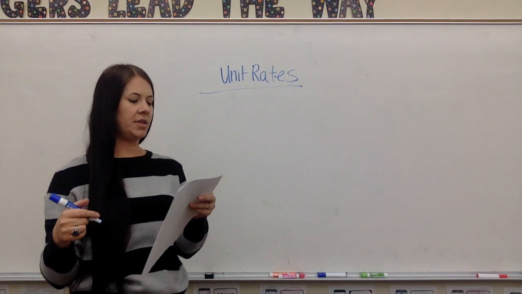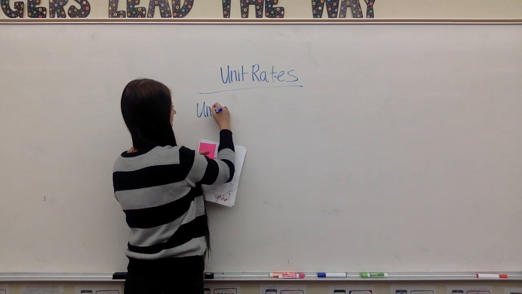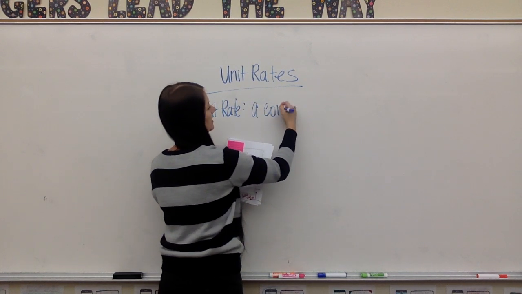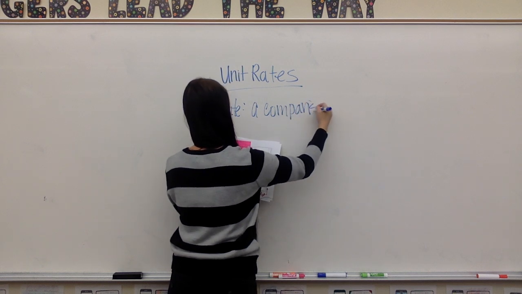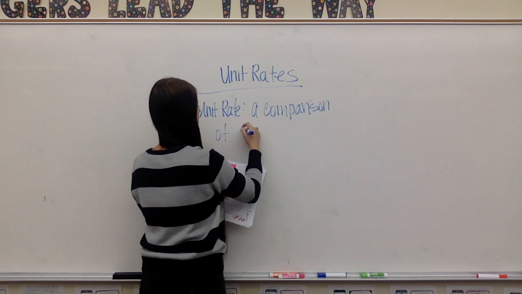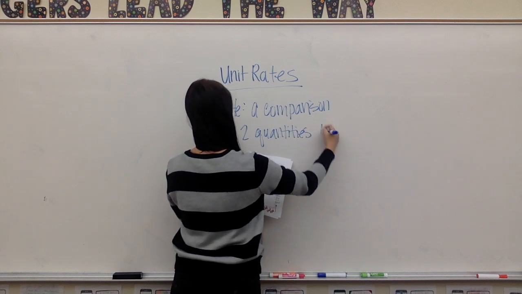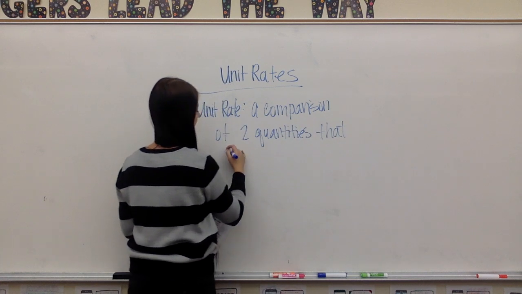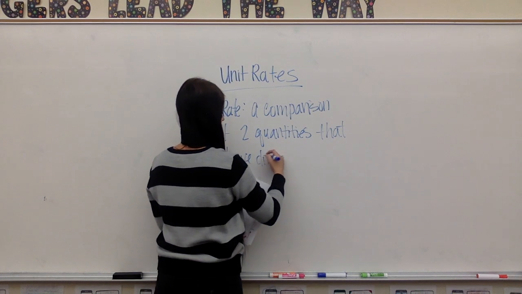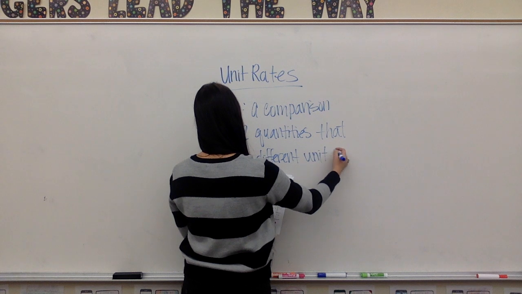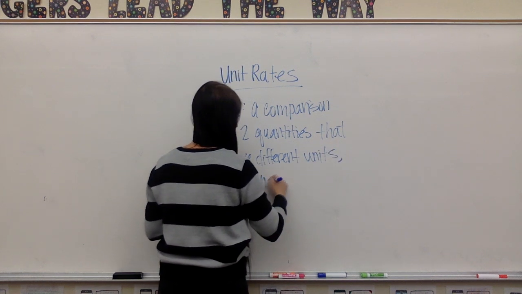vocabulary definition for this. So a unit rate is a comparison of two quantities that have different units, such as miles and hours.